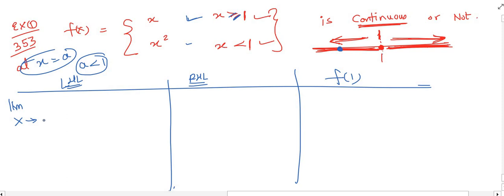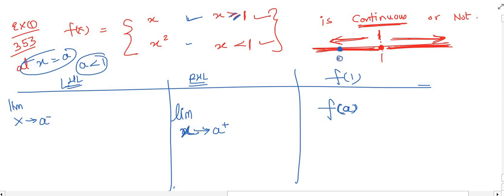So at a I am checking, so LHL will be a minus, correct? For RHL I will be interested in x is tending to a plus, and functional value I will be interested in f of a. And remember, a is somewhere here, a is less than 1. In your brain you can think a is say 0.